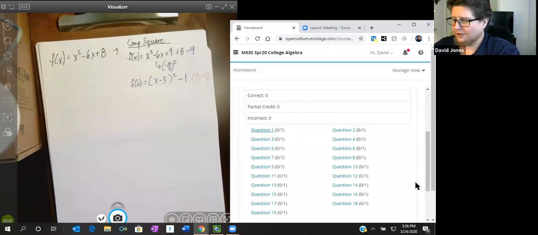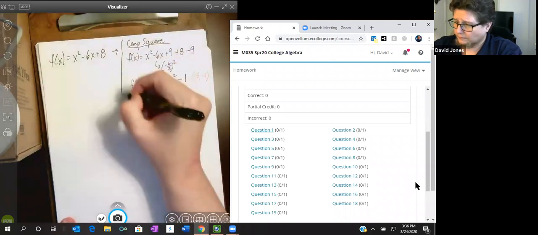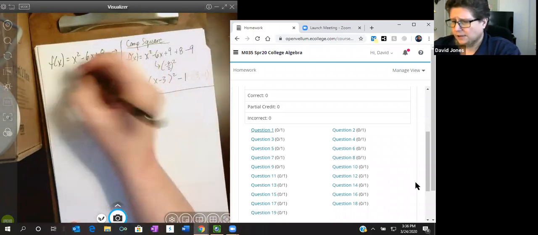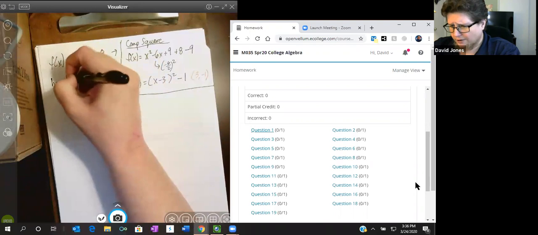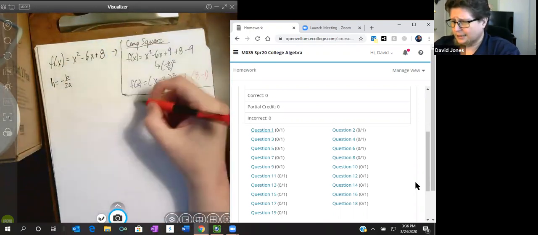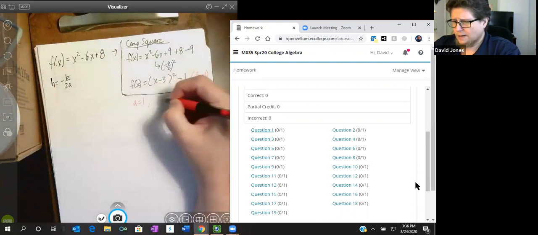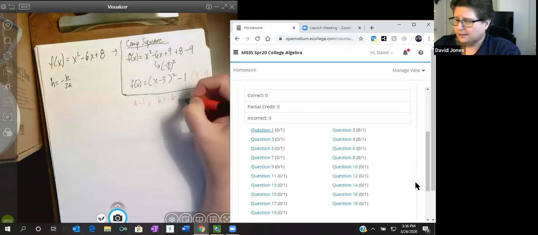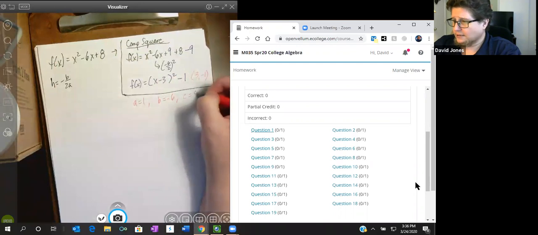Let's get that the other way. My h is negative b over 2a. So let's just identify a, b, and c. A equals 1, b equals negative 6, c equals 8.